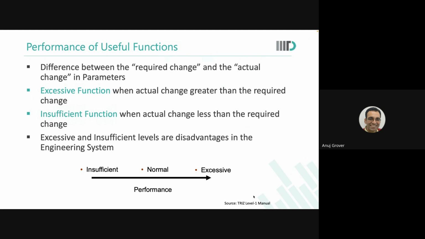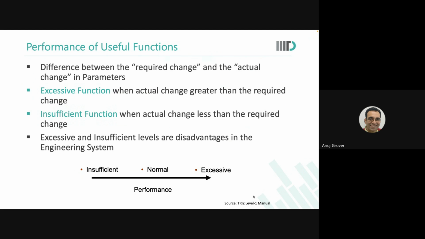Normal performance means that it does its job well, as was expected, as was desired. Excessive means it does more than what was needed, therefore there would be a risk of something else. And deficient, or insufficient, means that it does not do its job to the desired level of performance. So it is about performance.